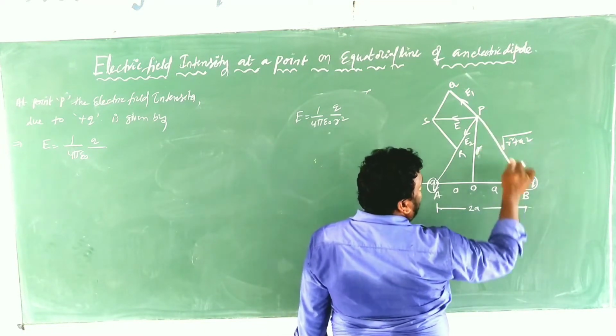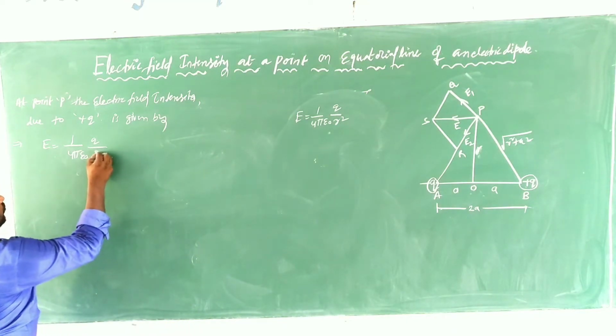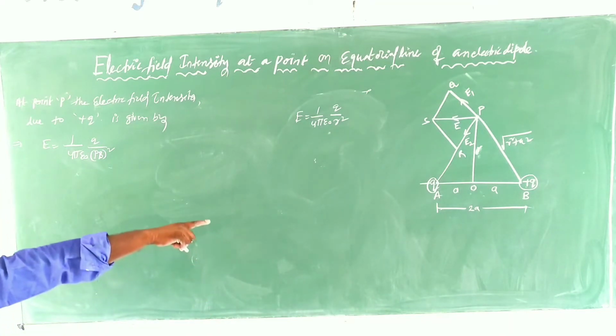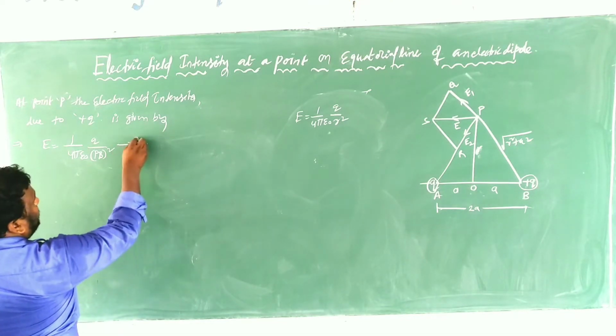That is PB. So that's why here I am going to write PB square. PB is the distance from positive charge to the selected point P, which is on the equatorial line. So now it is equation number 1.